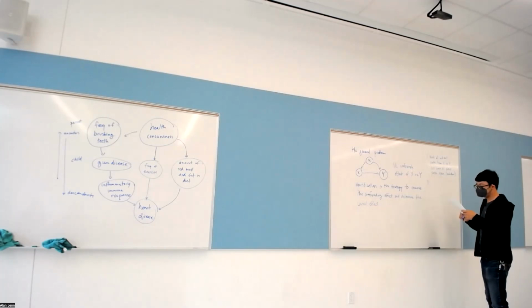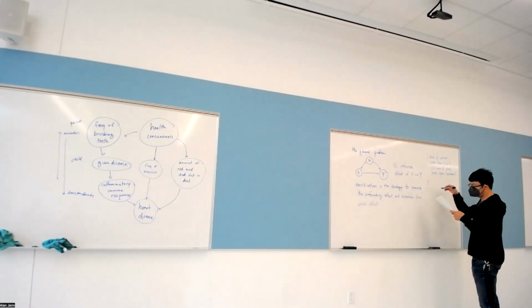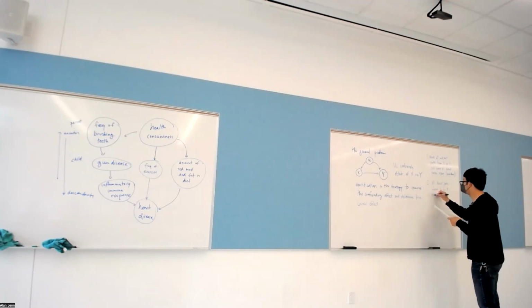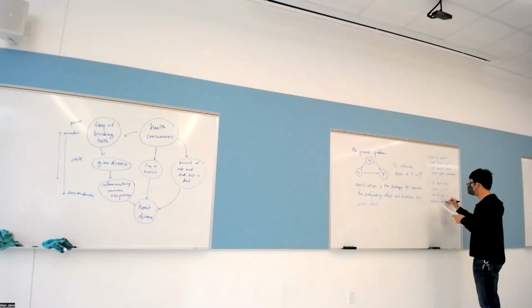Two, all direct paths from X to Y pass through a mediator variable. This is known as front door.